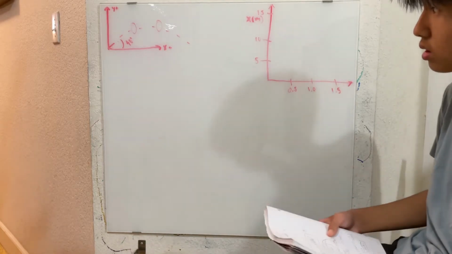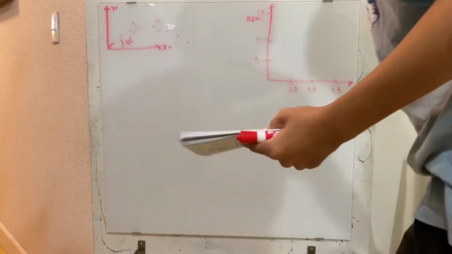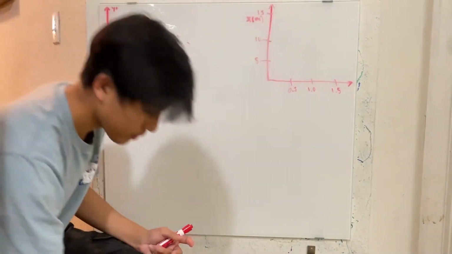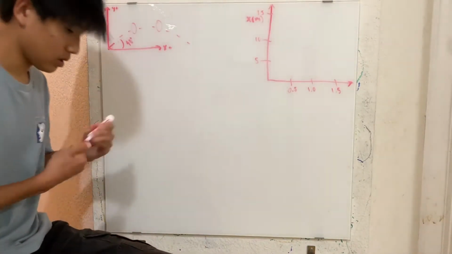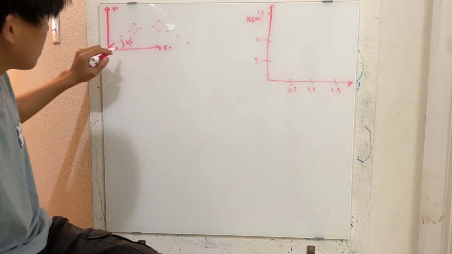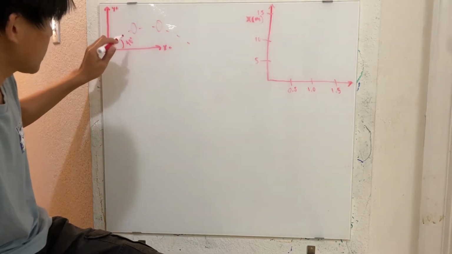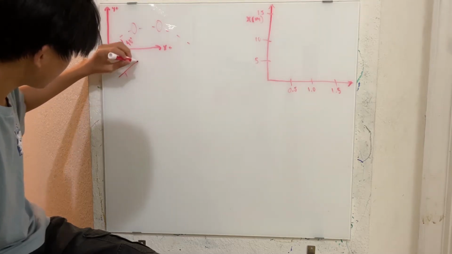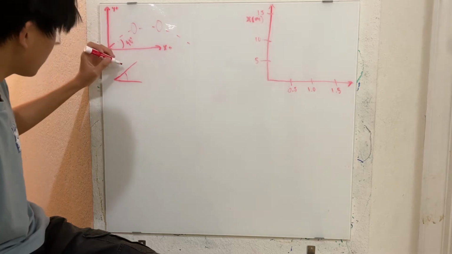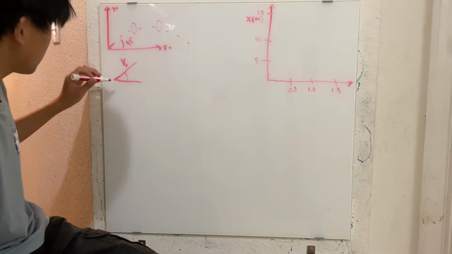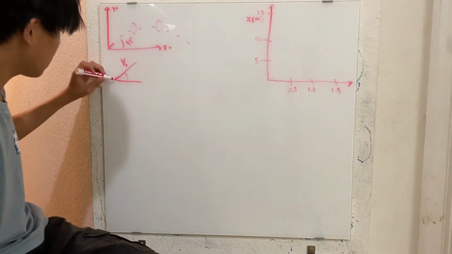So the first step here is, we understand that since the projectile is being launched at an angle theta, we have its initial velocity, and we can break it up into its components.